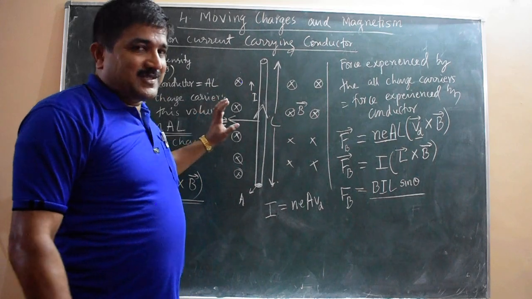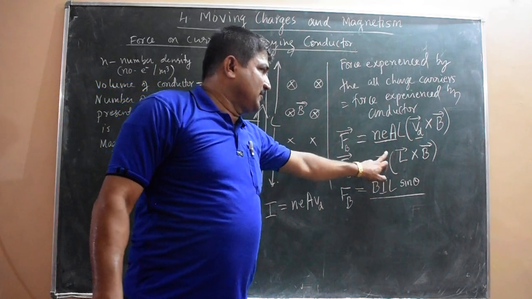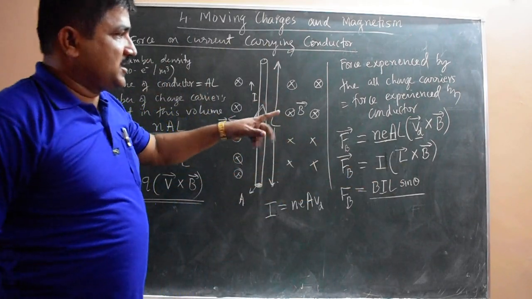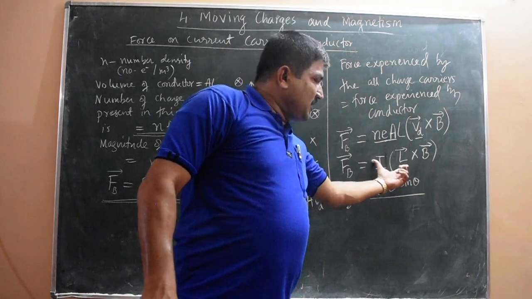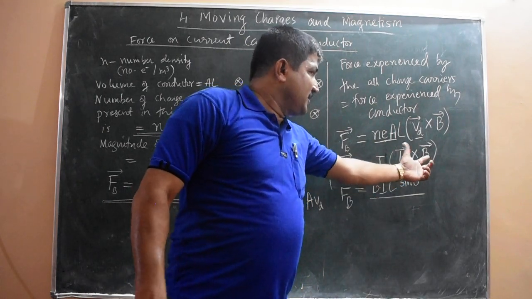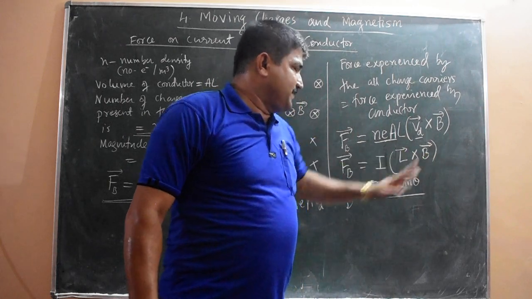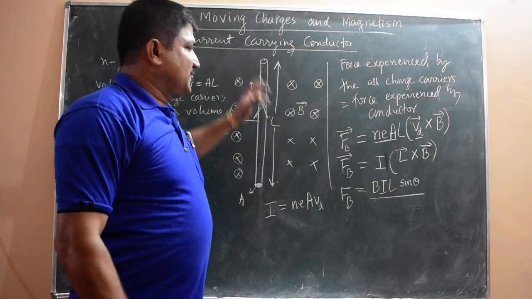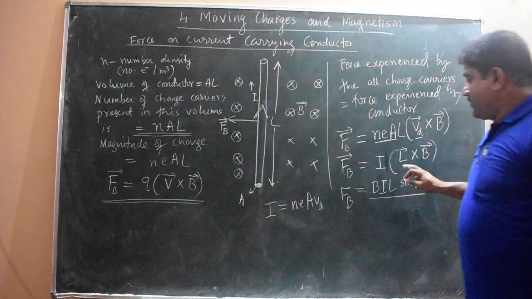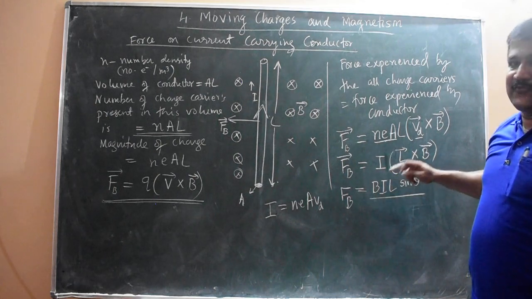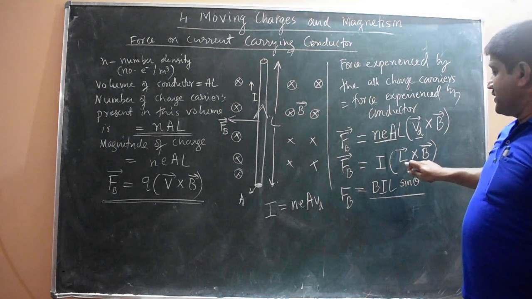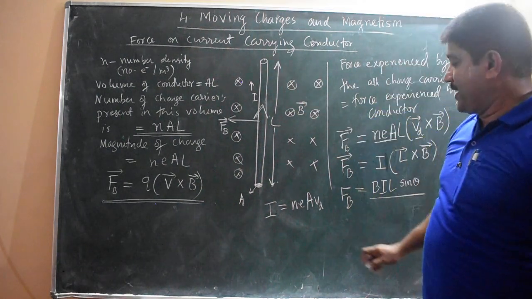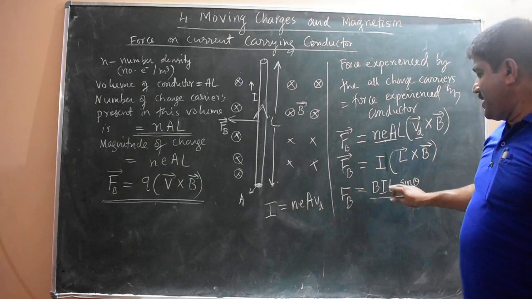Force is a vector, so it is the cross product IL cross B. For current, only the magnitude is there; there is no direction in terms of scalar or vector. The flow direction and the vector quantity direction are different. So for L cross B, the L vector, the length vector, we take in the direction of current. The magnitude of the magnetic force is BIL sin theta.